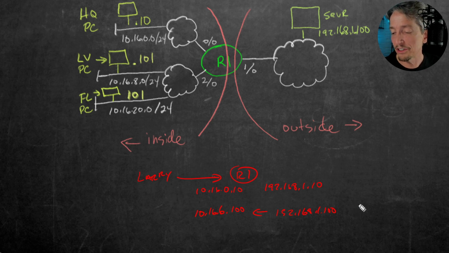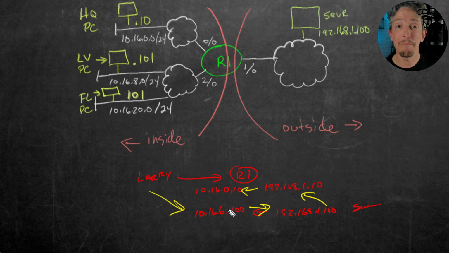So for the server, what we're about to see is an example of two-way NAT, where traffic going from Larry this way, if it's going to the server, I'll put that in yellow. If Larry goes to this IP address of 10.66.100, it's actually going to be sent to the server. And when the server responds to this address, it's actually going to be forwarded back to Larry.